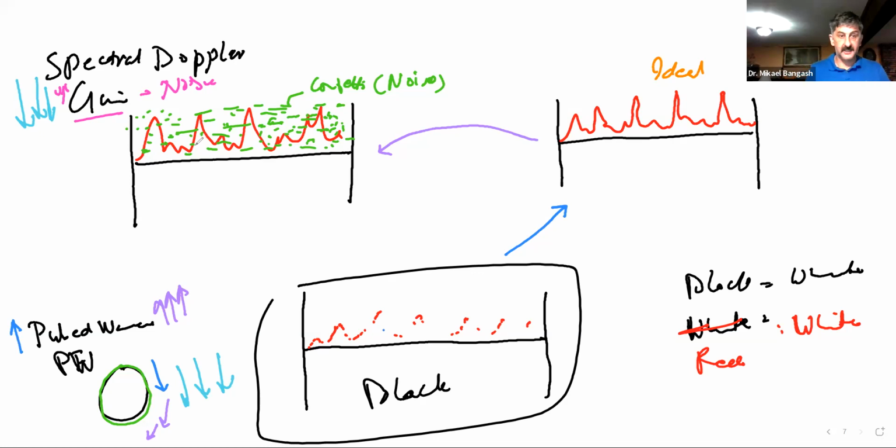So if you see this, the best thing to do would be to reduce your gain. So you get this. But if you keep on reducing your gain too much, then you may go from this to this.